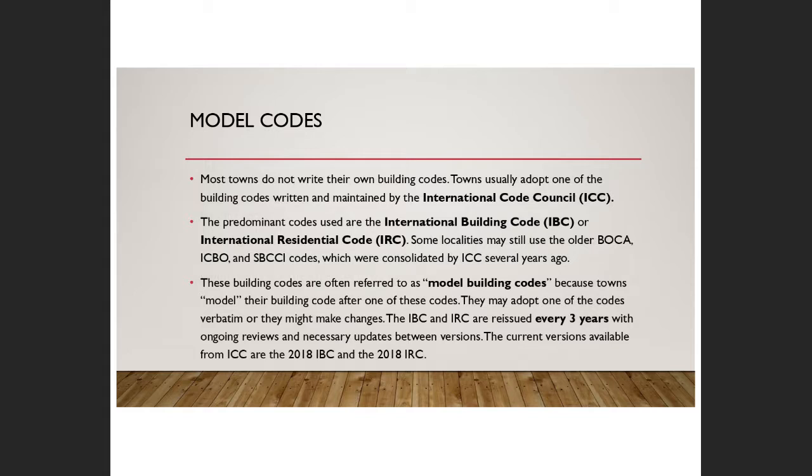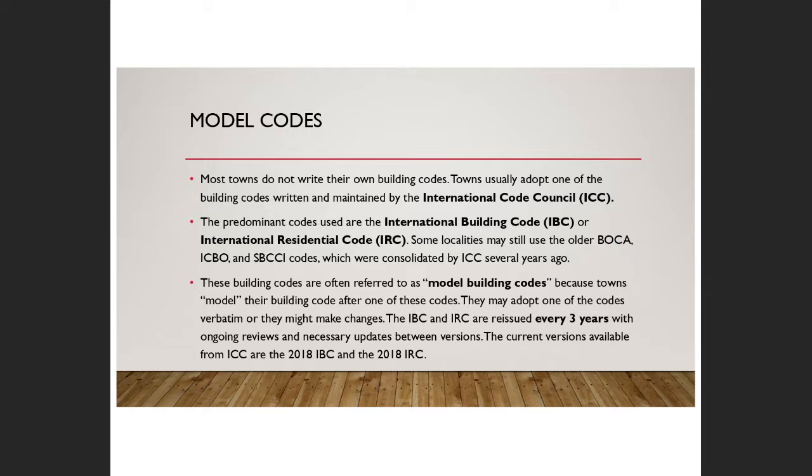Right? Most towns and villages don't write their own building codes. They adopt something that comes from the ICC, or the International Code Council. These are now often called the I codes, right? So the predominant I codes are the International Building Code or the International Residential Code.